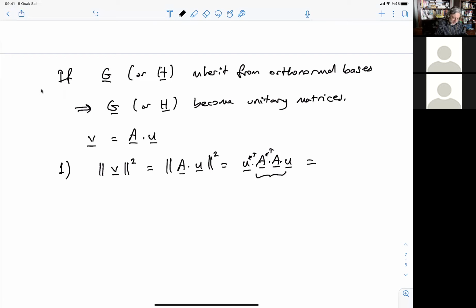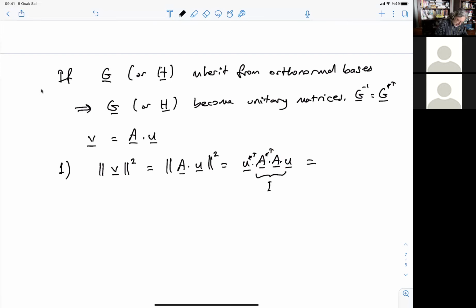And this thing is from this property, A conjugate transpose times A, if A is a unitary matrix, is an identity. Because A inverse is equal to A conjugate transpose. Let me put it like this: G inverse is equal to G conjugate transpose. That's what it makes. So an identity comes in between here, which has no effect.